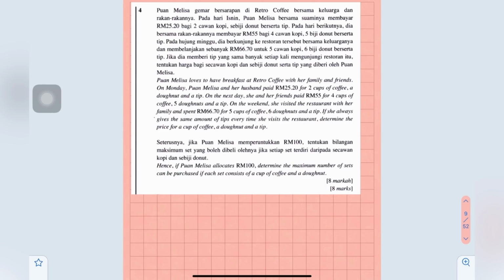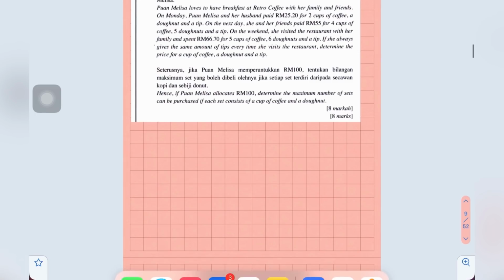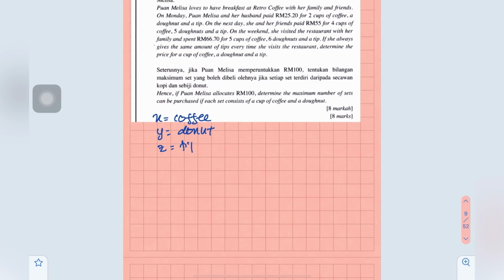Okay, so dekat sini kita kena tukar ni dalam bentuk equation. So katakanlah kita boleh guna apa-apa, tapi biasa kita guna X lah. X is coffee, Y is katakanlah donut, okay, Z is tip. Okay, yang the first statement ni kita gunakanlah 25 yang ni.